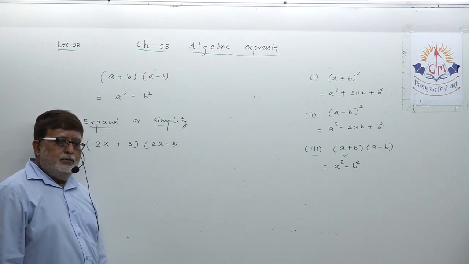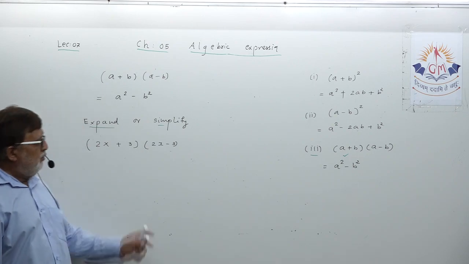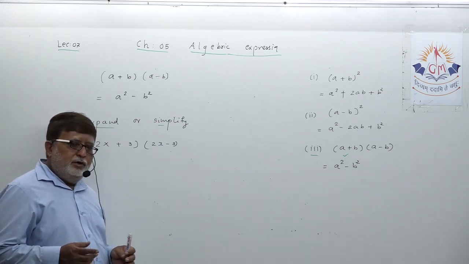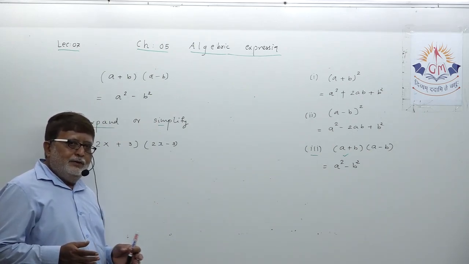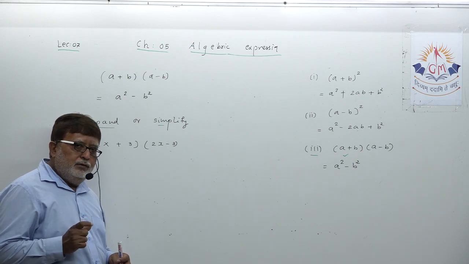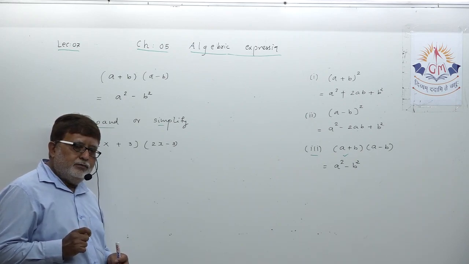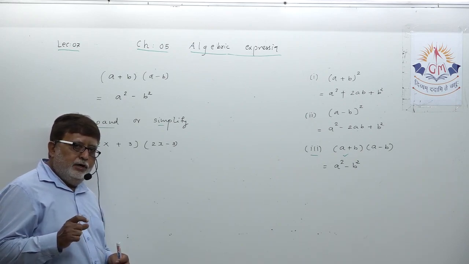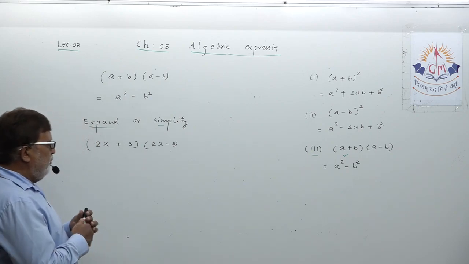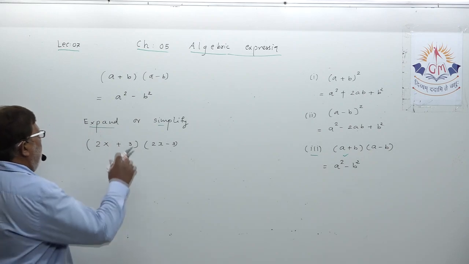Just now I am explaining only one identity, a plus b into a minus b equal to a square minus b square. But in exam it is going to happen that there will be a mix up of identities and different examples. So how can you guess what is the actual clue point for solving this type of example?